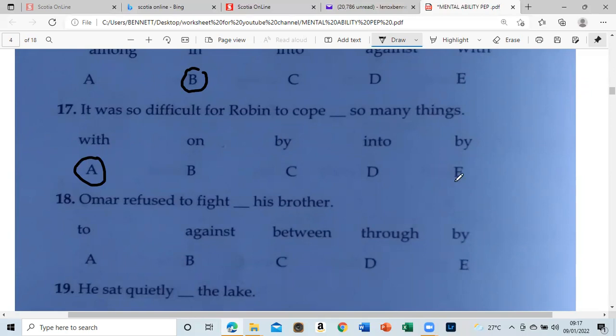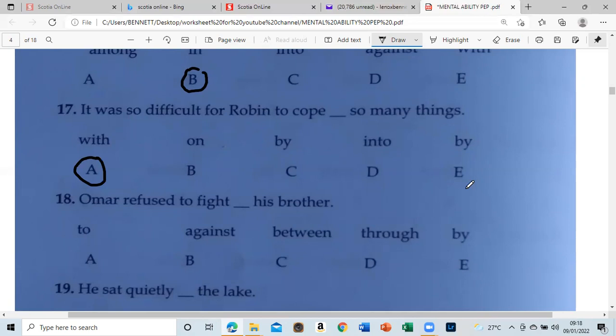All right. Number 18, Omar refused to fight blank his brother. So is it Omar refused to fight his brother, or Omar refused to fight against his brother, or Omar refused to fight between his brother, or through his brother, or by his brother?